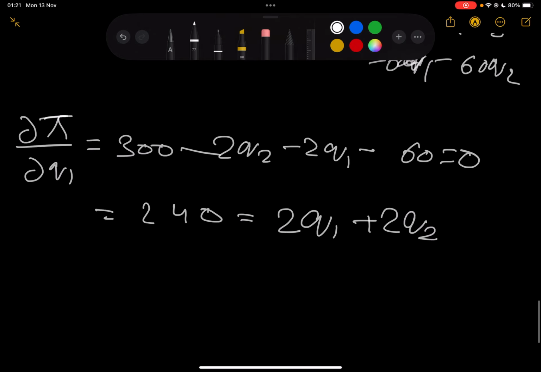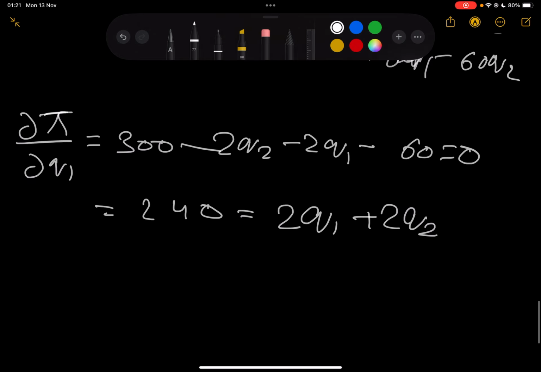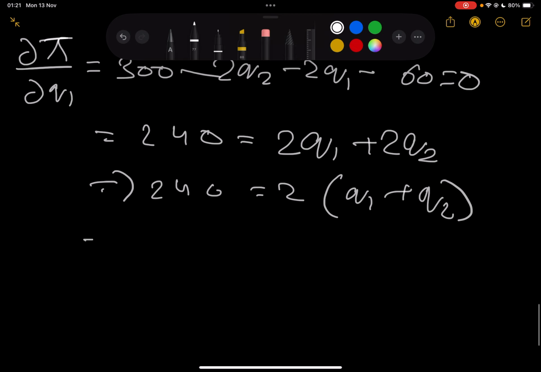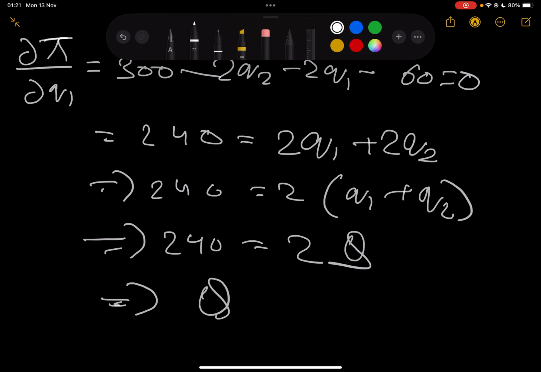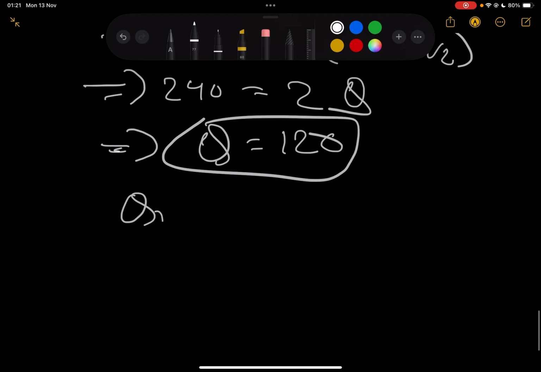We're going to take the 2 common here: Q1 plus Q2, which is the big Q produced by both firms jointly, is 2 big Q, and Q is 120. So Q1 and Q2 are going to be 60 each.